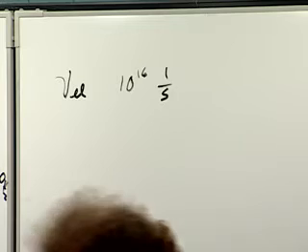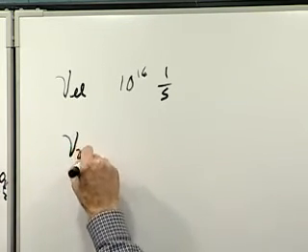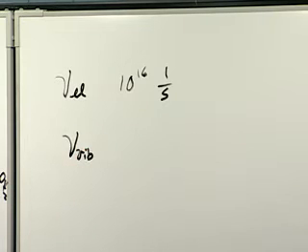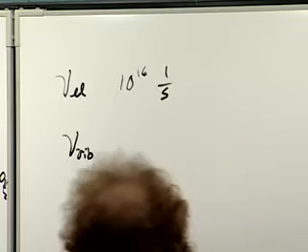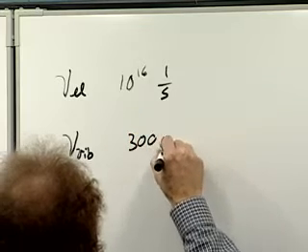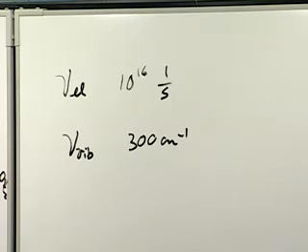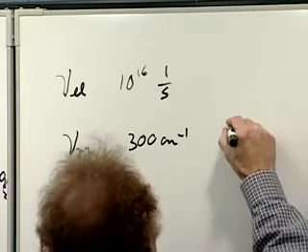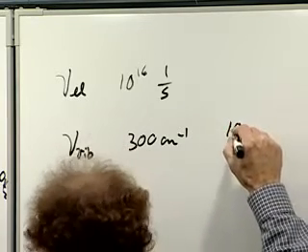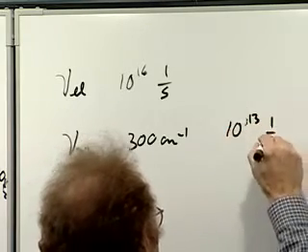That's for the electron. The frequency of vibration of metal ligand bonds is something of the order of, say, 300 centimeters to the minus 1. Well, something of that sort. That's for the iron-oxygen bond, and that gives us a time scale of about 10 to the 13th per second.